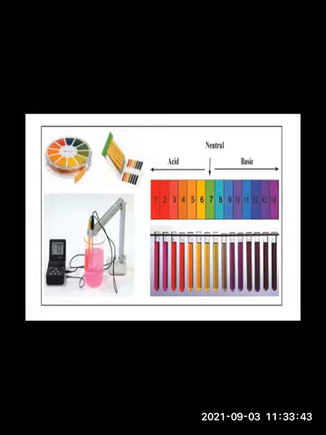So how can we make a universal indicator? By mixing several synthetic indicators in specific proportion. The pH of the solution can be determined by means of a universal indicator solution or the pH paper made from it. From this we can also make pH paper.